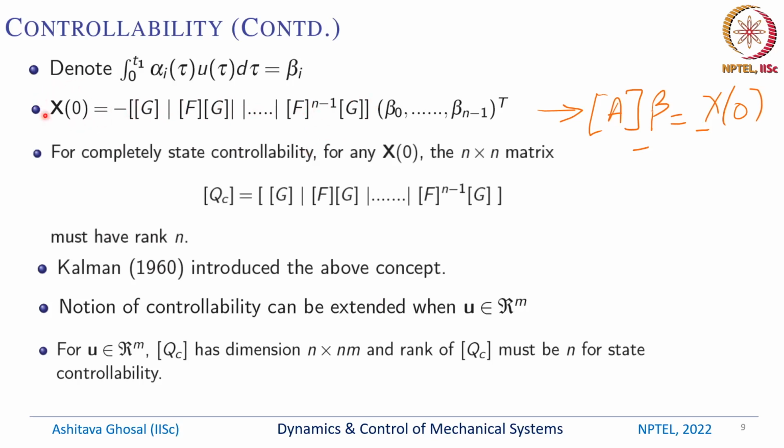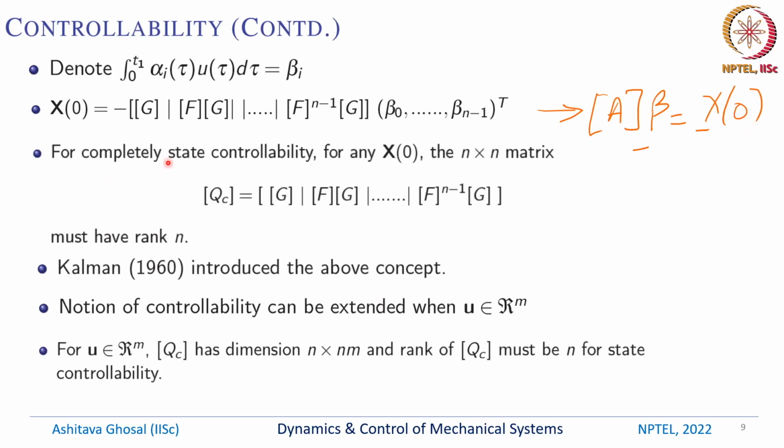So we can write x of 0 as some n by n matrix into beta 0 all the way till beta n minus 1, another column vector. So basically, if I call this matrix A, we have A into beta equal to x of 0.